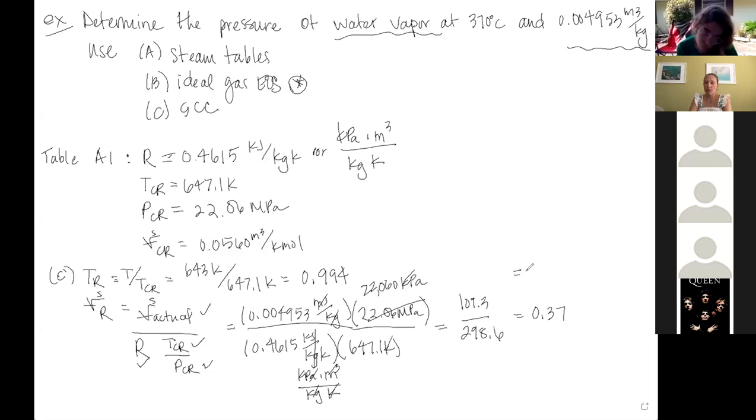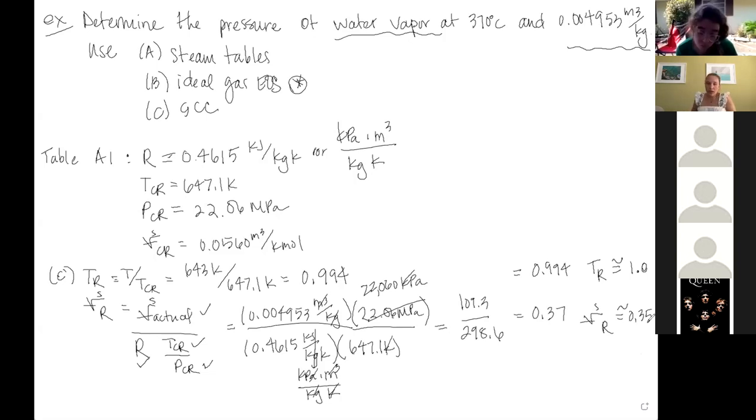So our temperature reduced is 0.994, and our pseudo-reduced specific volume is 0.37. I'm going to say our temperature reduced is about 1, and our volume reduced is about, I think I did, 0.35.